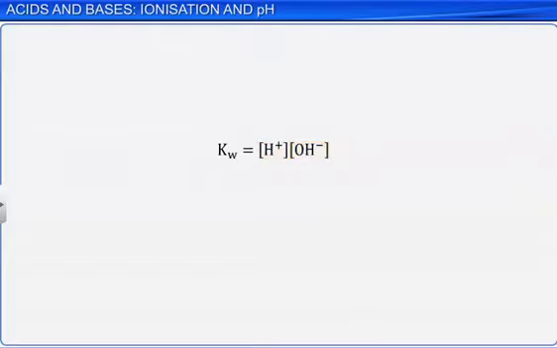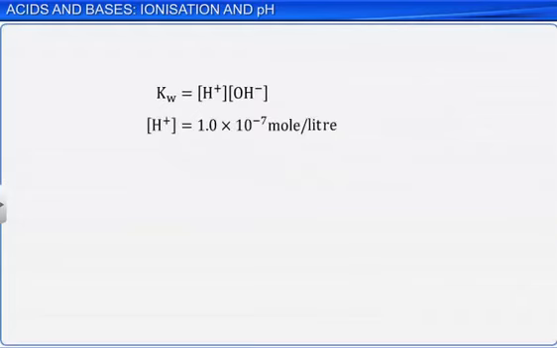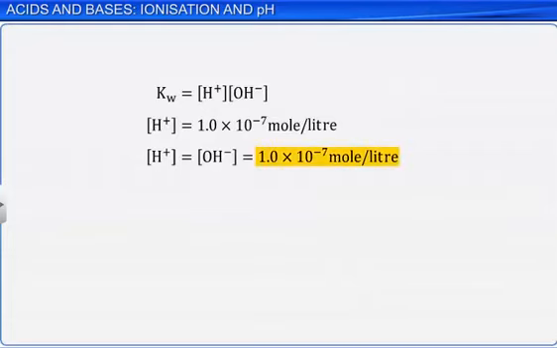Experimentally, the concentration of H+ ions at a temperature of 298 Kelvin was found to be 1.0 × 10^-7 moles per liter. The dissociation of water produces an equal number of H+ and OH- ions, and hence the concentration of OH- would also be equal to 1.0 × 10^-7 moles per liter.